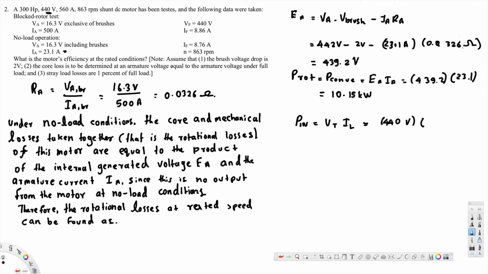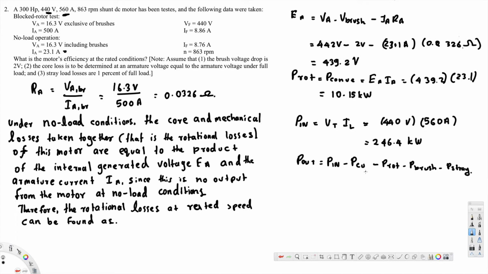IL is given right here, 560 ampere, and if you calculate, you're going to get 246.4 kilowatts. And now the next thing is we are going to calculate the output power from the motor at full load. P out is equal to P in minus P copper minus P rot minus P brush minus P stray.